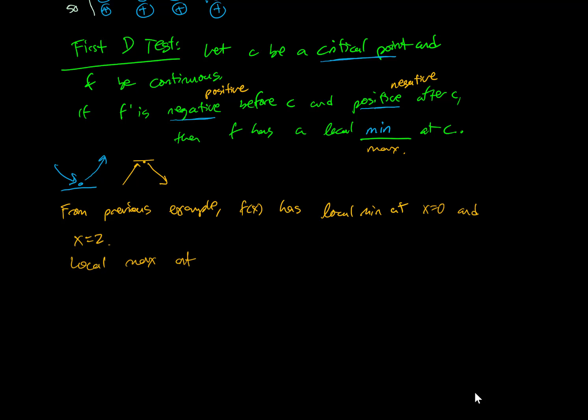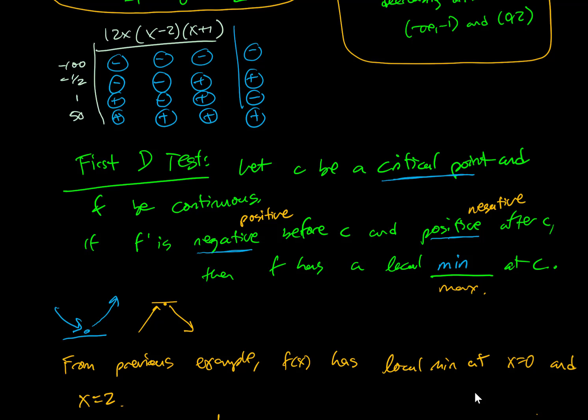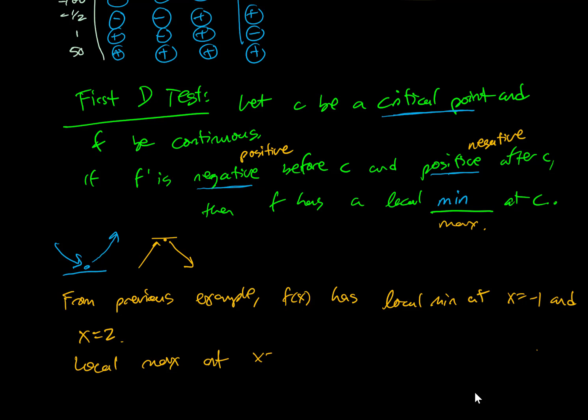Oh, I'm sorry, our local min is at x equals -1 and 2, and our local max is at x equals 0. Does that make sense? And this is from the first derivative test. It tells me that.